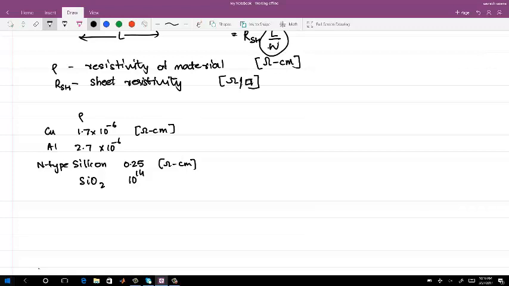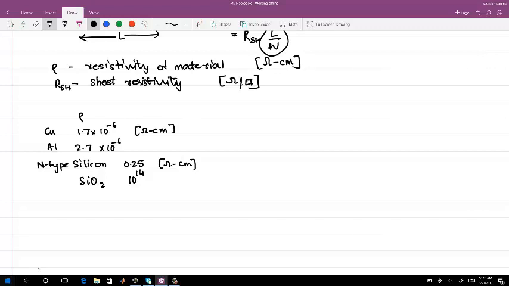There exist different variants, N-type silicon, P-type silicon, and many others. But among these, which are you going to use? Like N-type diffusion or N-type poly resistance, you may use it. So this 0.25 is only N-type polysilicon. There is nothing more done to it.